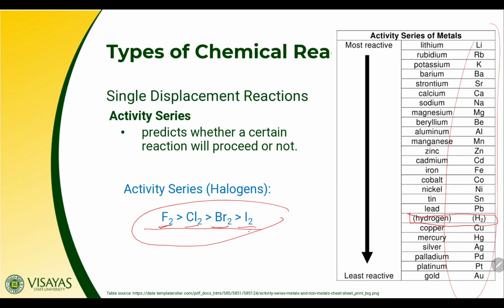So only the metals from lead up to lithium can displace hydrogen. Copper down to gold cannot displace hydrogen. So we don't have a single displacement or hydrogen displacement in here. Okay, take note of these elements. Only these are the ones which can displace hydrogen in a reaction.